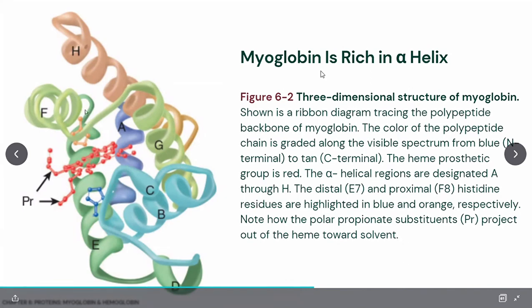Like for example, this F here, it goes this way. This stretch is not a helix, and then it turns into a helix, that's why it becomes G. And then that G goes up, which is not a helix, and then forms a helix again. And that becomes H. So that's just to identify the helices.